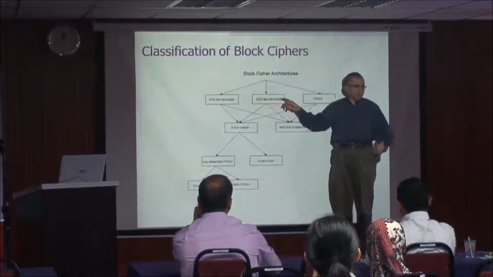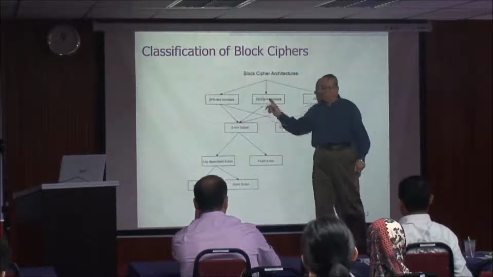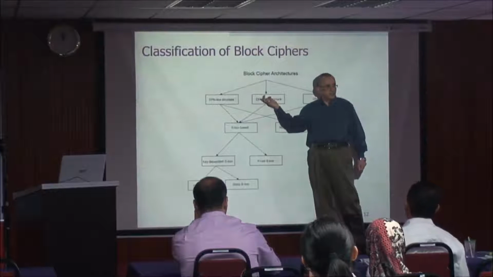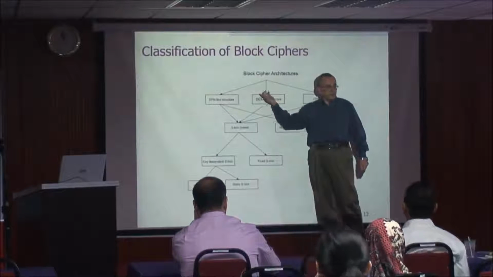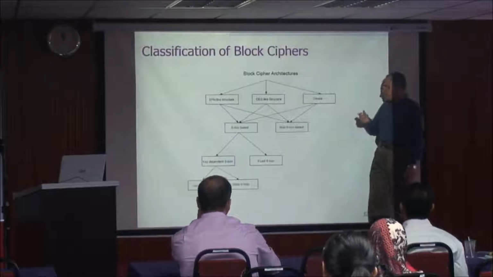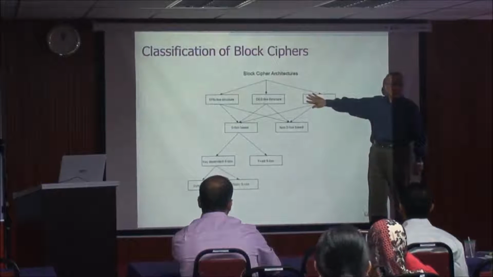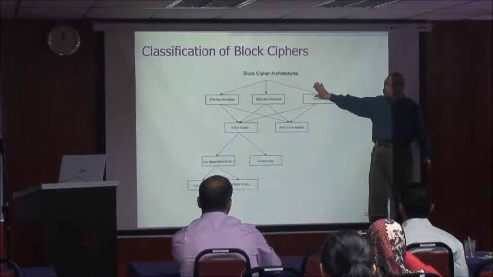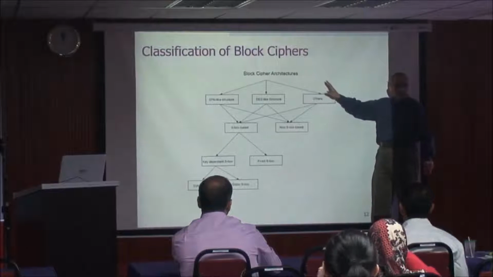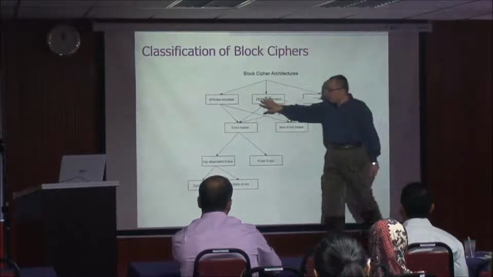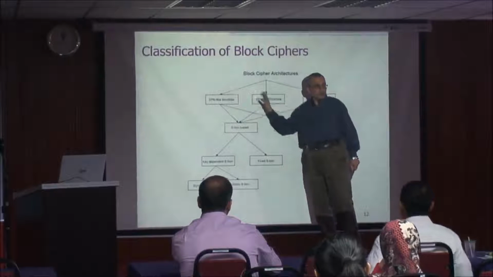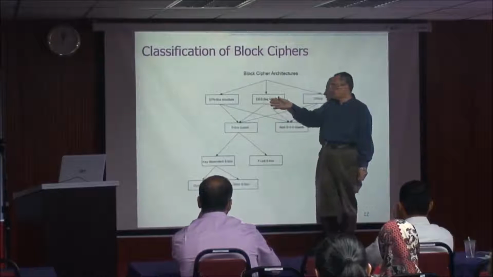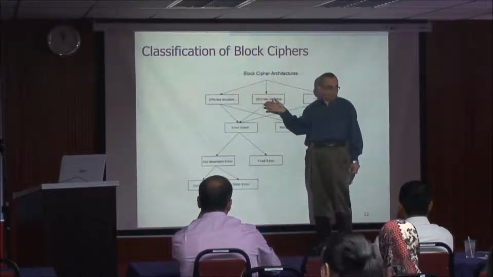Sometimes we refer to the Feistel structure as DES-like structures, because the most famous cipher designed using it was the Data Encryption Standard. The others you can pretty much ignore, because there is no famous block cipher designed based on a structure that doesn't belong to these two. We can have something called a generalized Feistel structure, but it's still a Feistel structure.